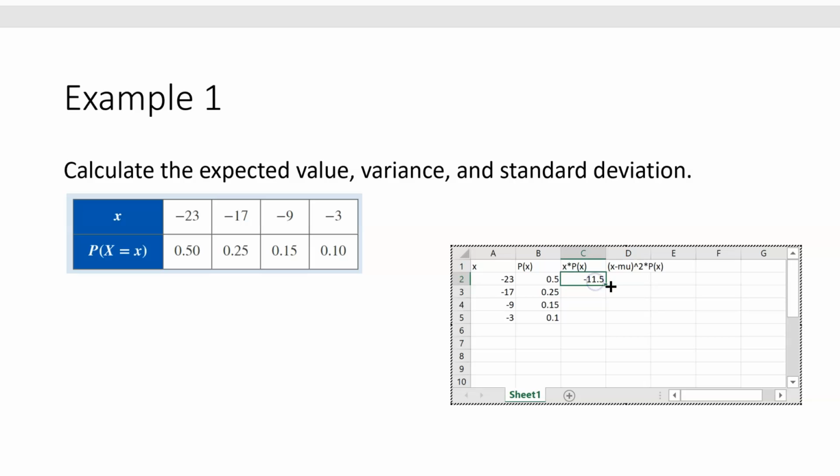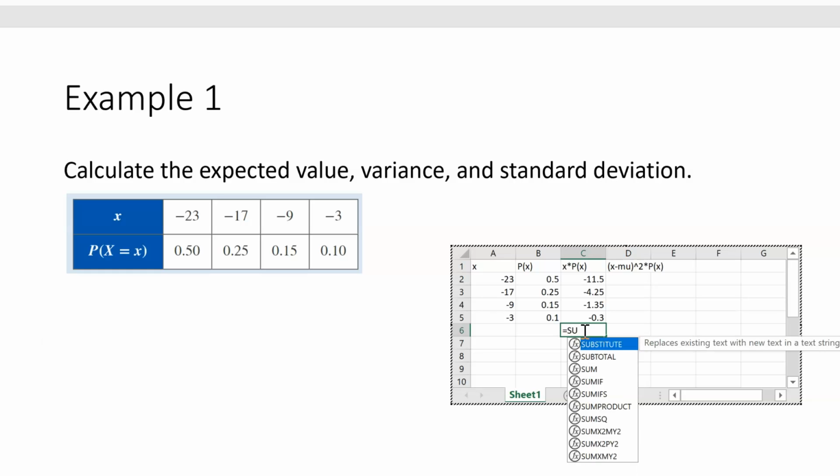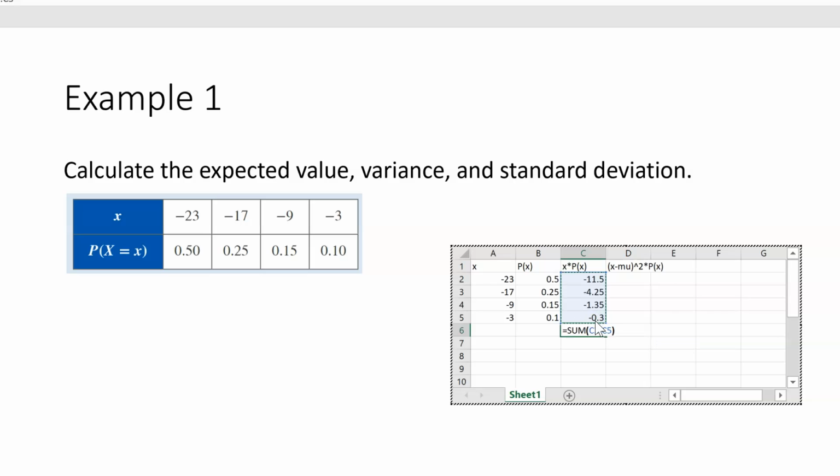If you have Google spreadsheets, it might autofill this, and you can just drag it down. Then we do the sum of this column, and that gives us our expected value.